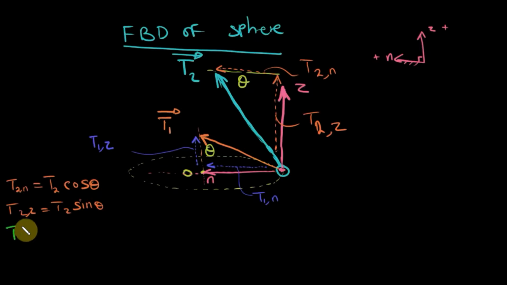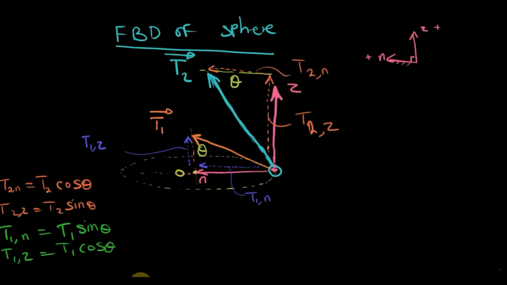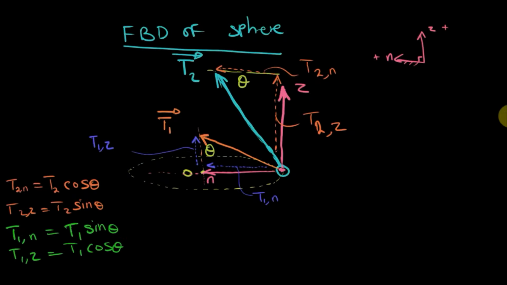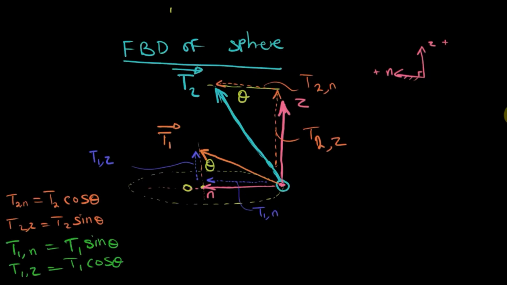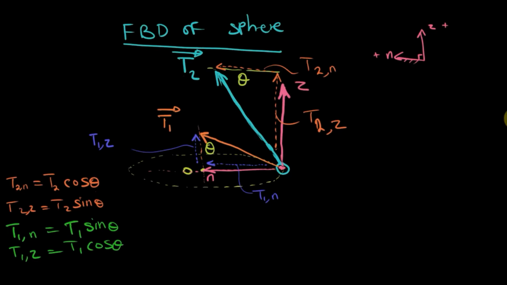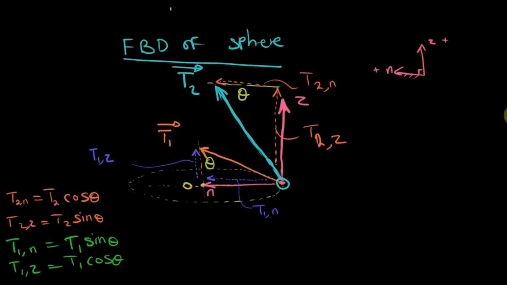And at the same time, T1 normal is equal to T1 sin theta, and T1Z is equal to T1 cos theta. Okay. Alright, cool. So there we have it. Those are components.